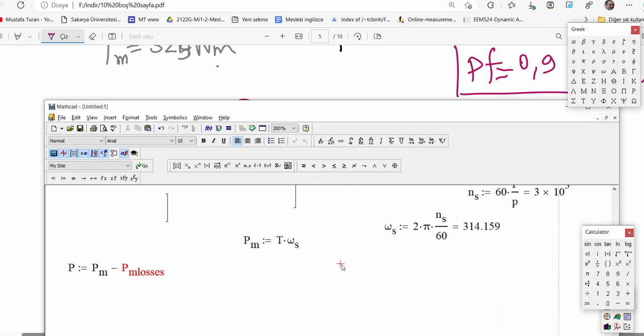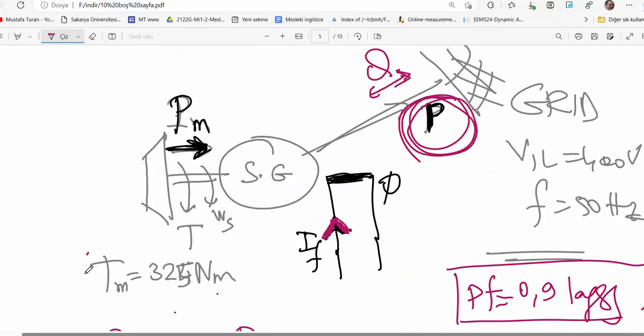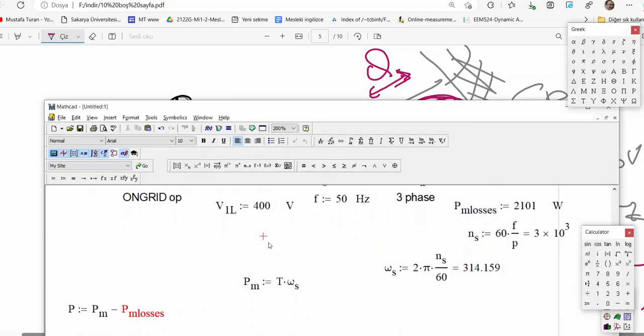I don't know, but it looks known. No, here's something confusing. The applied mechanical torque is given in the question, 325. Mechanical torque is given, 325 Newton meters. Here is TM, the mechanical input torque.